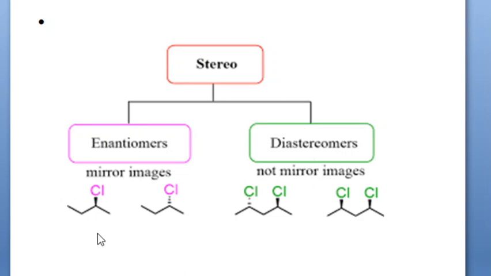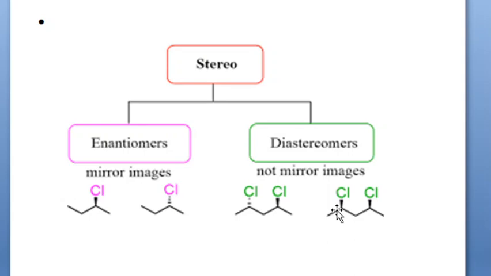A simple example is given there. This is 2-chlorobutane and its isomeric 2-chlorobutane, one with a wedge, one with a dotted line. You can understand one as the S isomer and another as the R isomer, as enantiomers. For diastereomers, introduce one more chiral center.